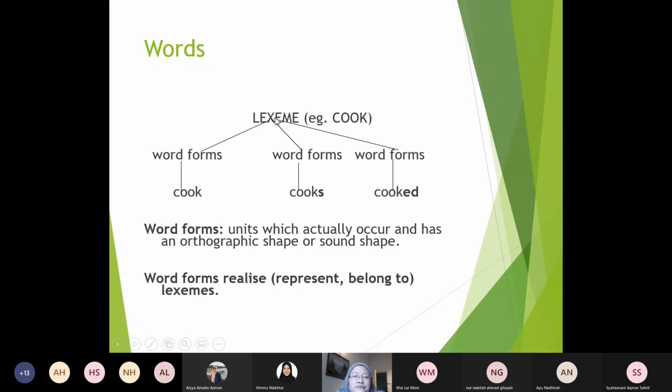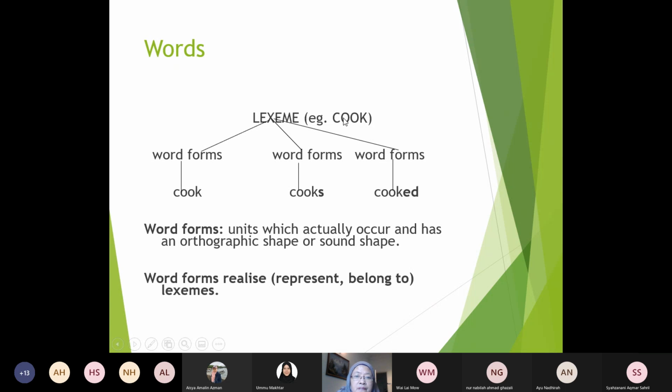So basically you have one lexeme, one abstract representation of the word in the lexicon, and then you would have the different word forms. One lexeme will have different word forms, depending on the language. In English, you have different word forms. In Malay, you would also have different word forms.